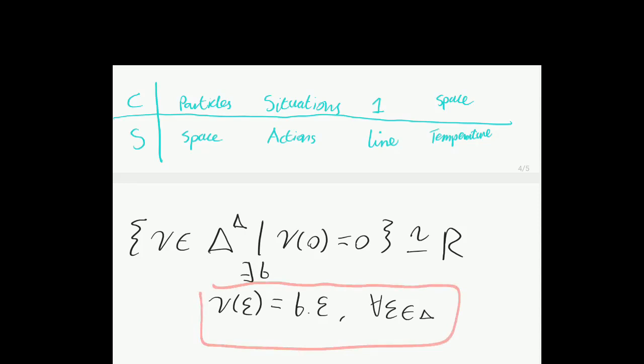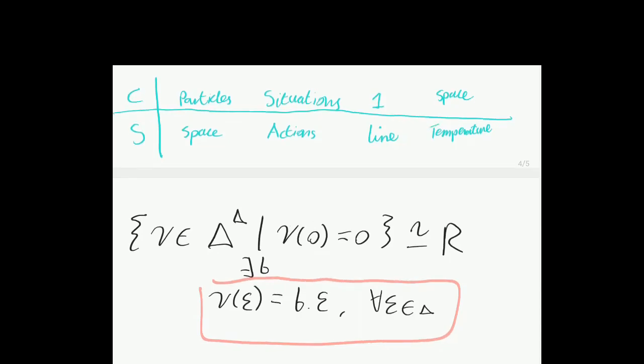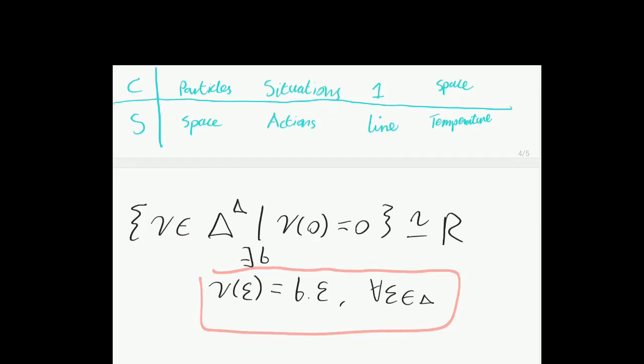And so basically, each of these zero preserving maps from delta to delta, if you think about delta as a very small time interval, like a moment, then you can think of it as a map from the moment to the moment, which is either speeding things up or slowing things down, but always sending now to now. And it's extremely remarkable that that space of zero preserving maps is basically isomorphic to the smooth line itself.